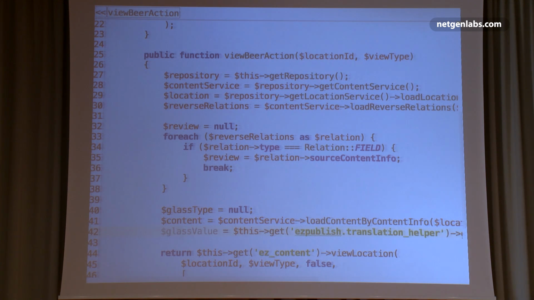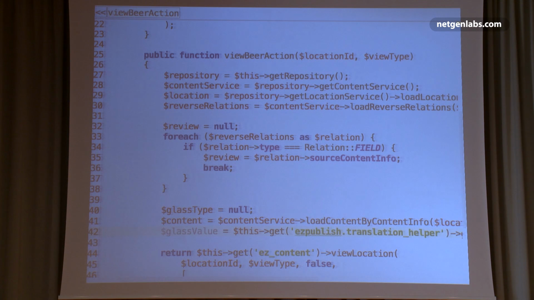If you're passing in something else than a content info object, you will have an exception. While with just an ID, it's mixed. For now, it's expected to be an integer, but in the future it can be anything like a hash or something stored like this in the database.